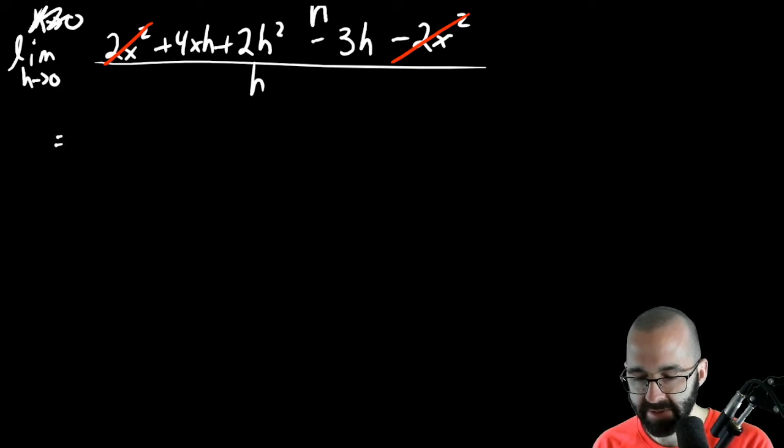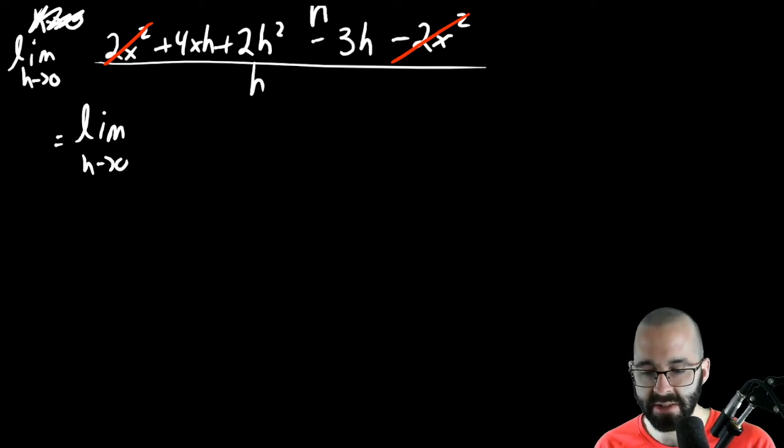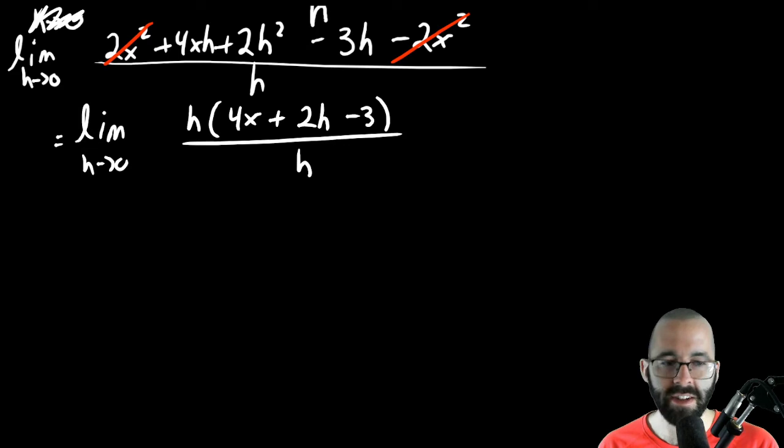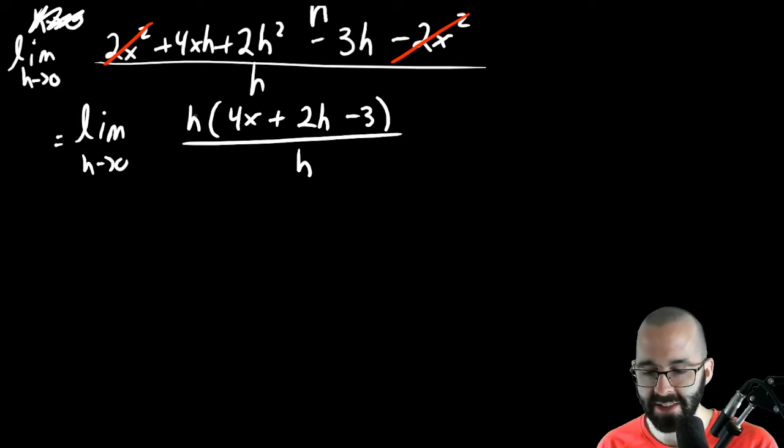Bringing in the limit as h goes to 0. Well, now we can factor out an h at least, right? Factor out an h, and we're left with 4x plus 2h minus 3 all over h, and now it's fully factored. Now we can cancel, and you say, oh, sweet, we're getting close.